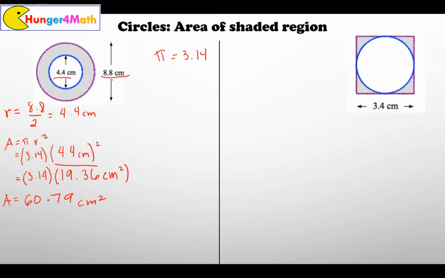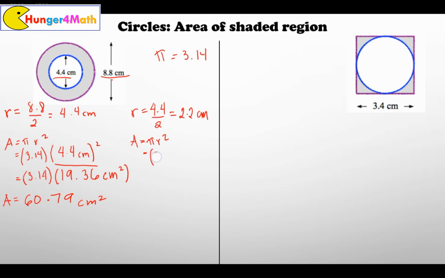Next, with the blue circle with a diameter of 4.4, once again we need to change it into radius. So 4.4 divided by 2 is equivalent to 2.2 centimeter. Now we can use the area formula of a circle, which is area is equal to pi r square.